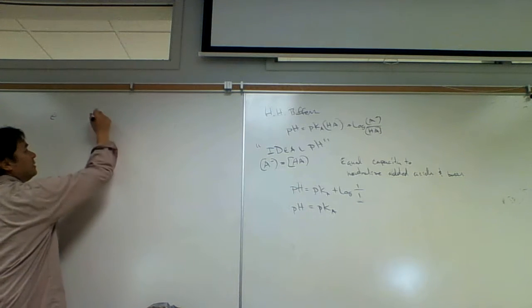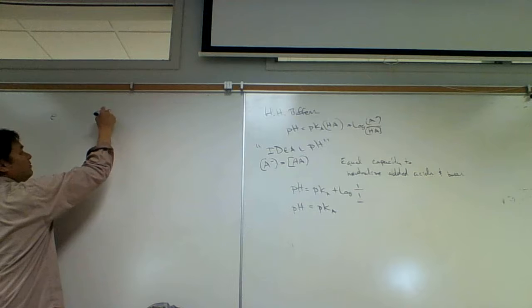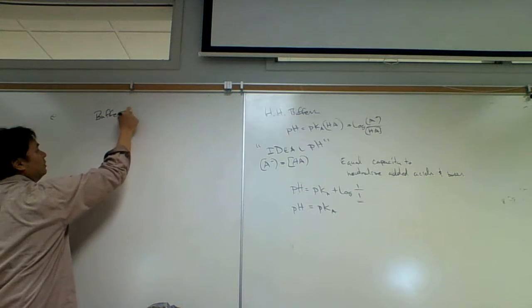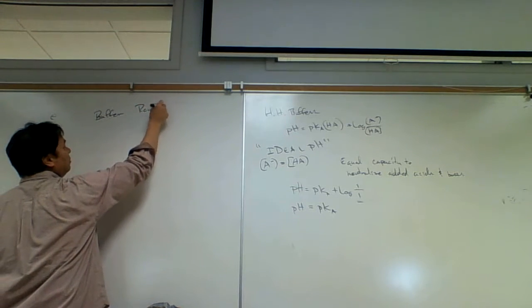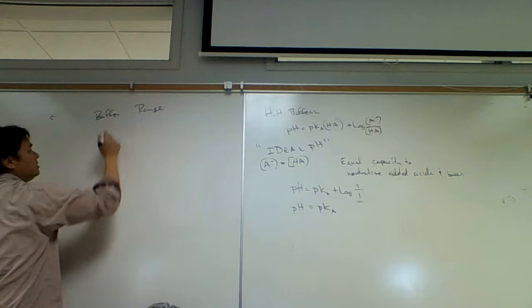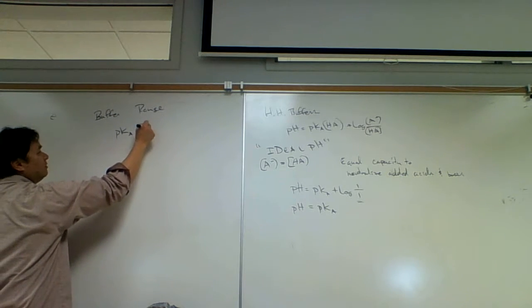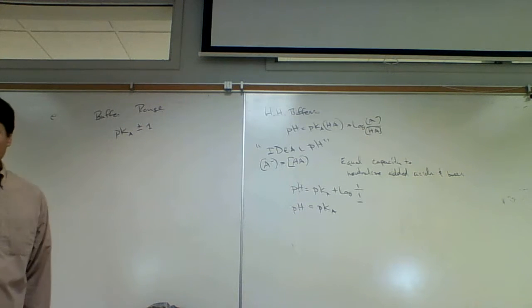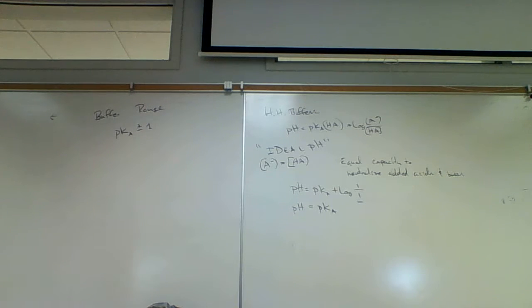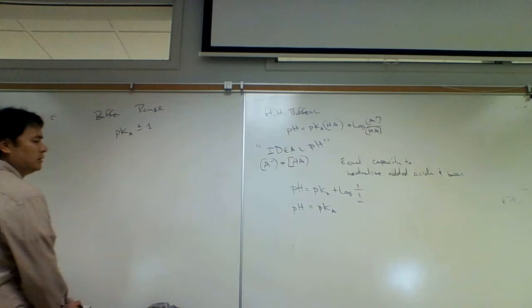But they don't have to be the same. We have something called the buffer range. The buffer range is going to equal the pKa plus or minus 1. And so this will give decent capacity still, but it's going to just be slightly lopsided, not severely lopsided.